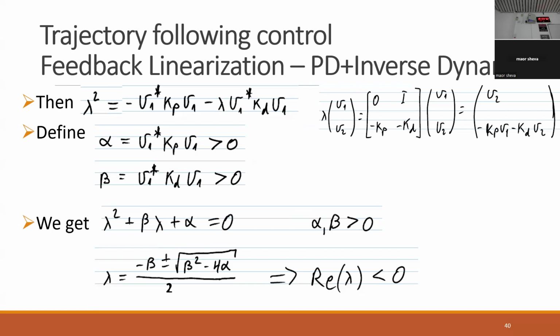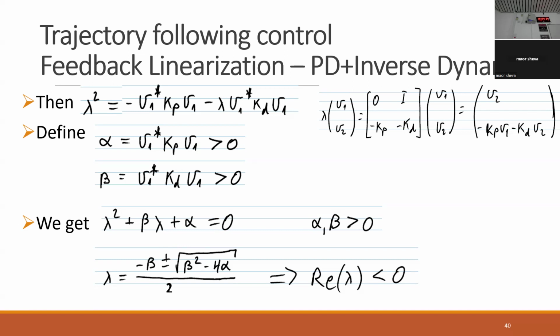And we get from here lambda squared plus, I take everything to the left side of the equation, so it's lambda squared plus beta lambda plus alpha equals 0. And alpha and beta are positive.